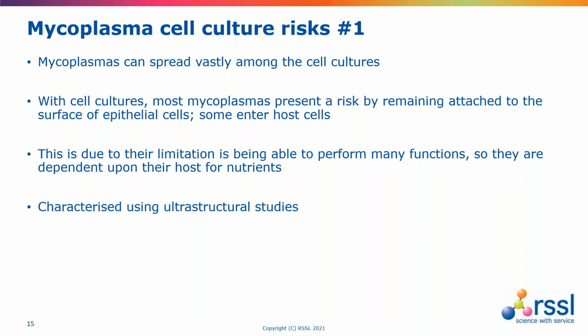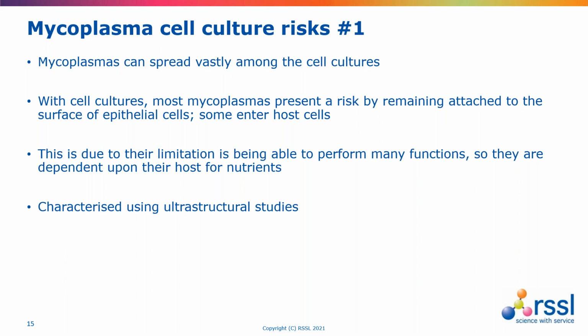And with cell cultures, mycoplasmas present a risk by remaining attached to the surfaces of cells. And we mentioned before, some can even enter host cells. This has been demonstrated by ultrastructural studies drawing upon immunochemistry as well as electron microscopy. And this kind of cell relationship is quite important.